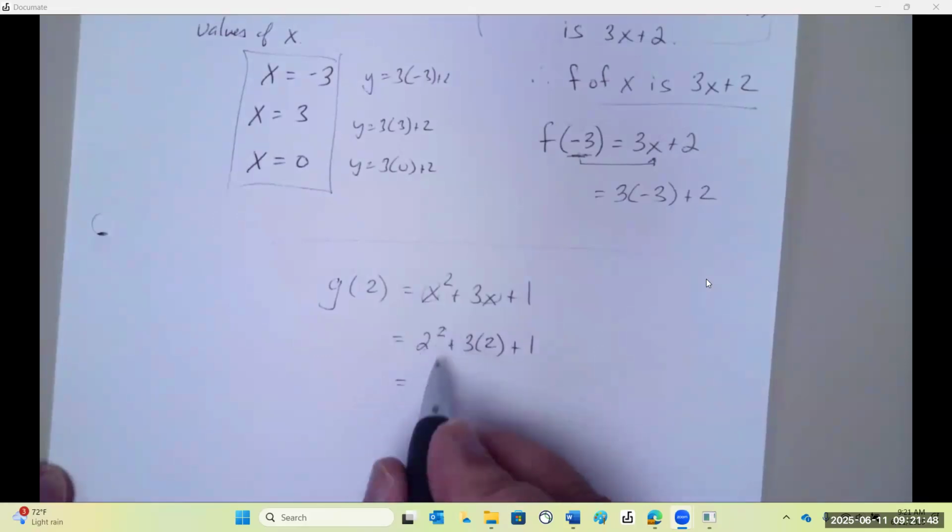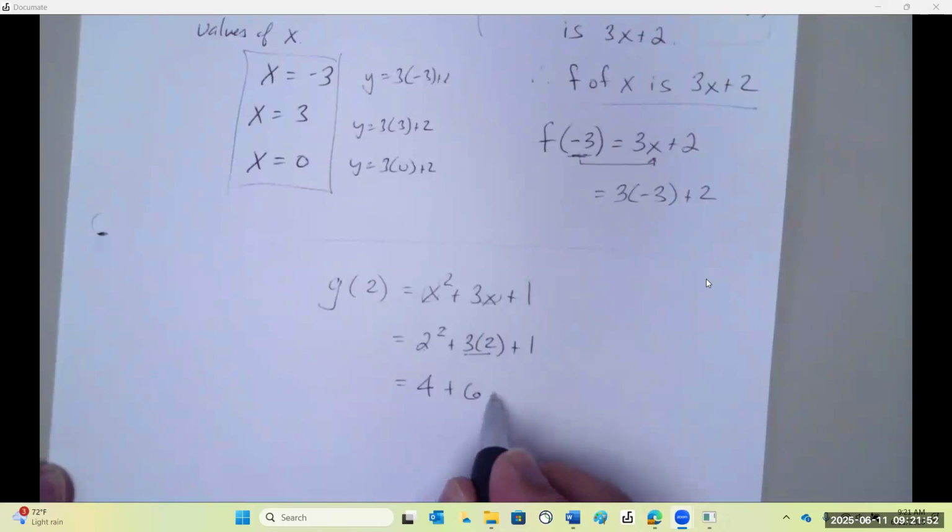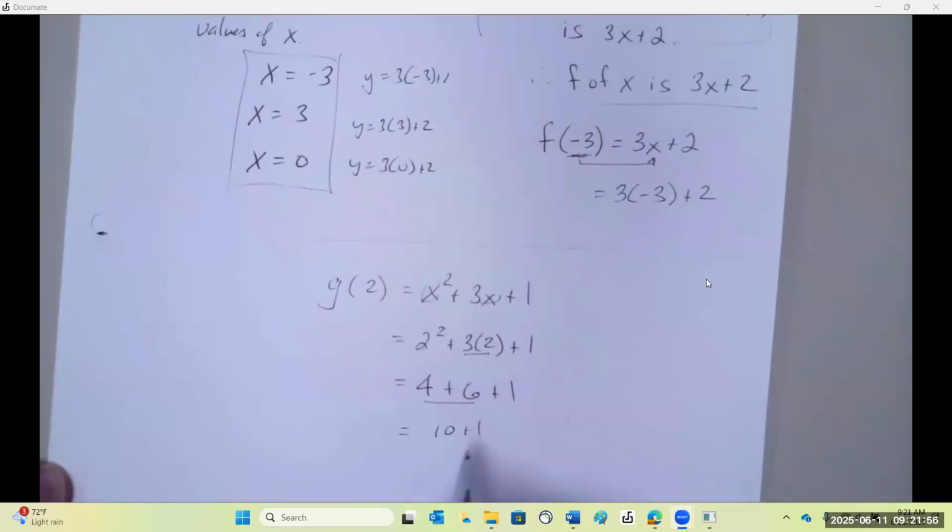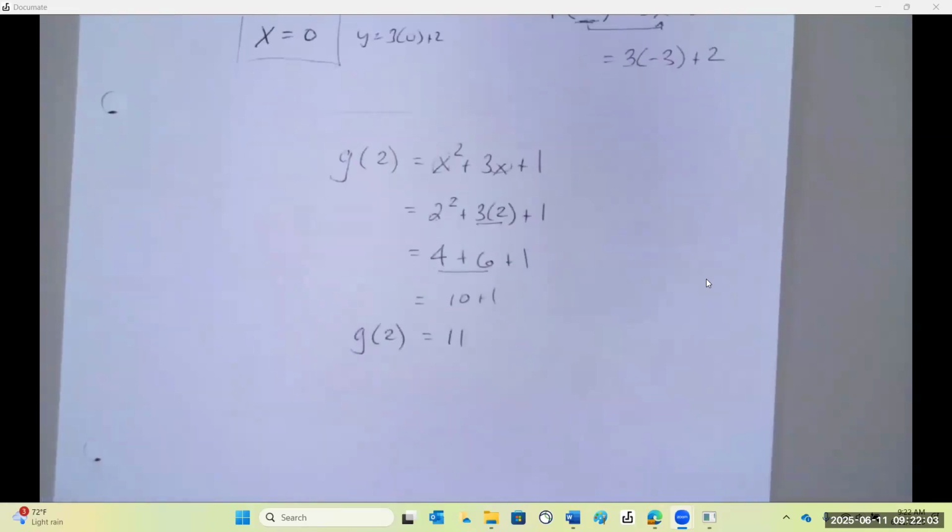So 2 squared is 4. 3 times 2 is 6. 4 plus 6 is 10. 10 plus 1 is 11. So g of 2 is 11. Okay, here's the beautiful thing about it.